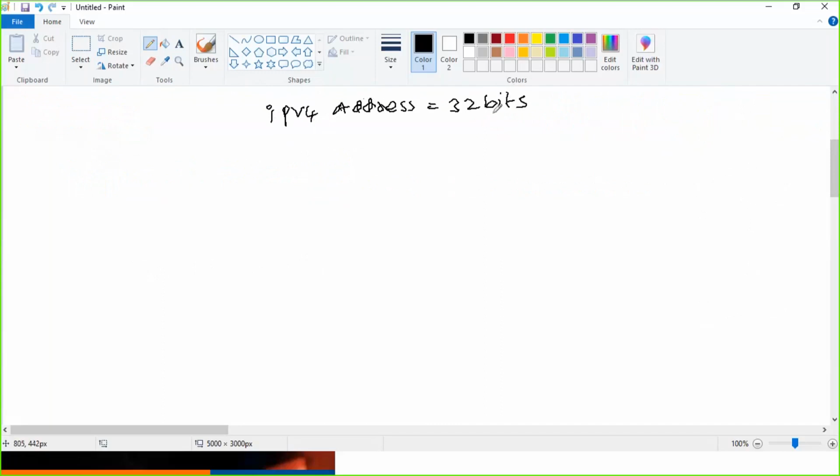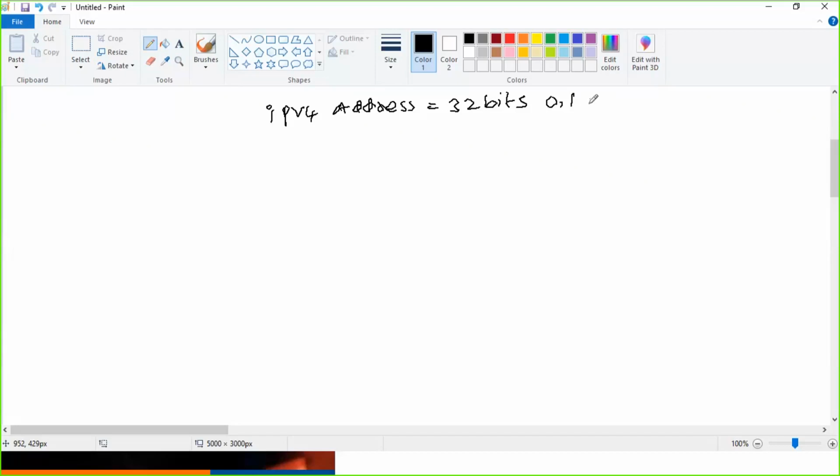Bits means 0 and 1. In zeros and ones, which is the least bit? 0. Which is the highest bit? 1. So if you write all 32 zeros, that is the starting combination. If you write all 32 ones, that is the maximum combination. Then we can get the range of IP addresses.